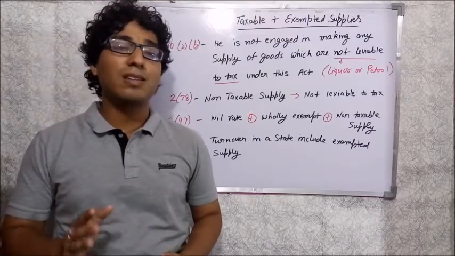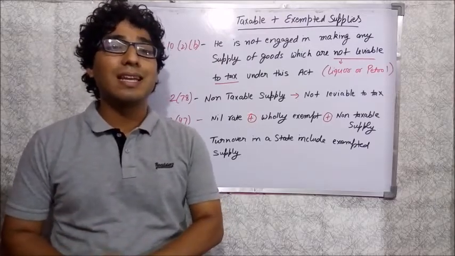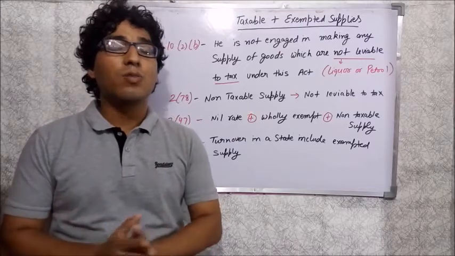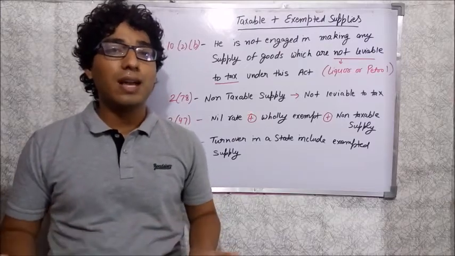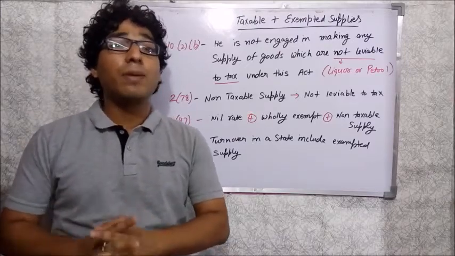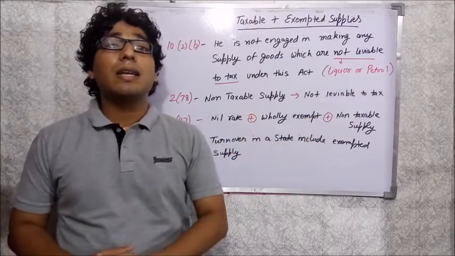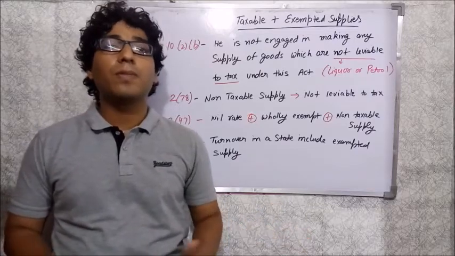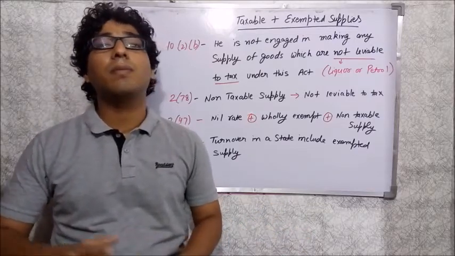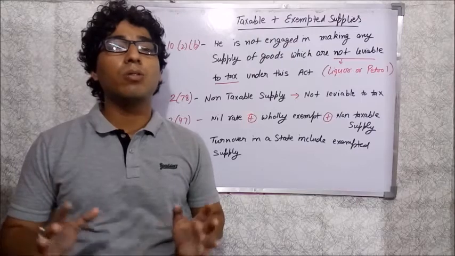Not leviable to tax are those in which there is no GST under this Act. So what are the goods which are not leviable to tax? Goods like liquor or petrol. Liquor is outside the scope of GST; in case of liquor there may be other taxes, but there will be no GST.